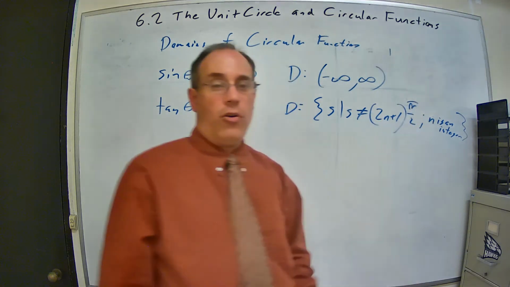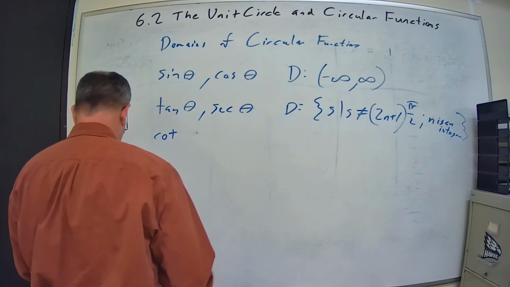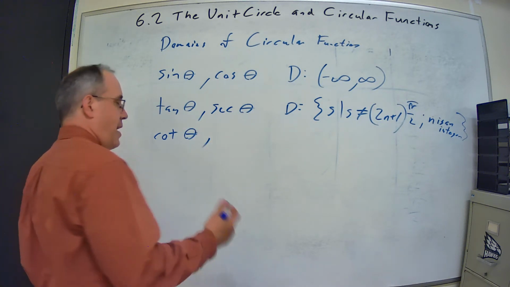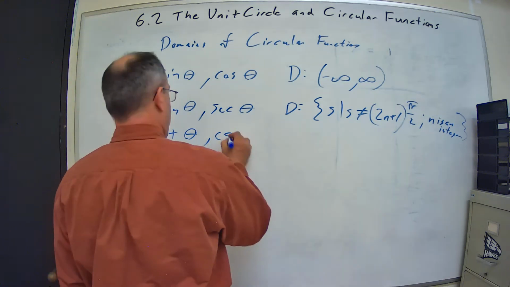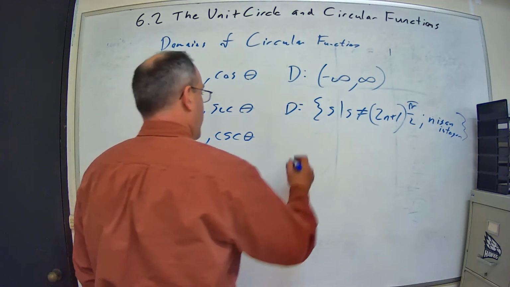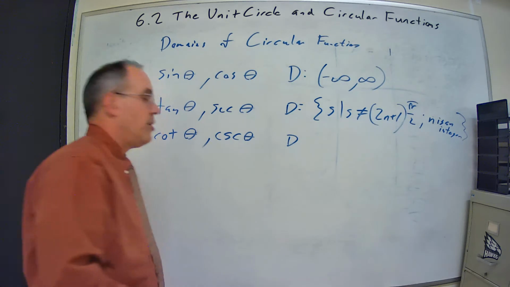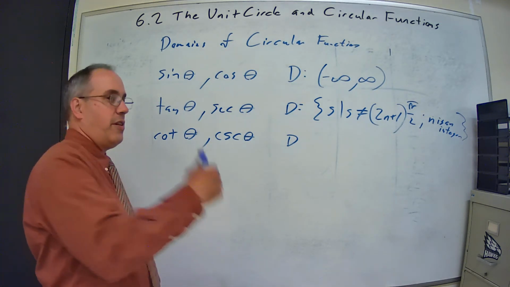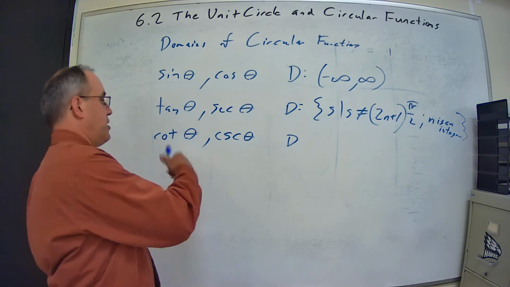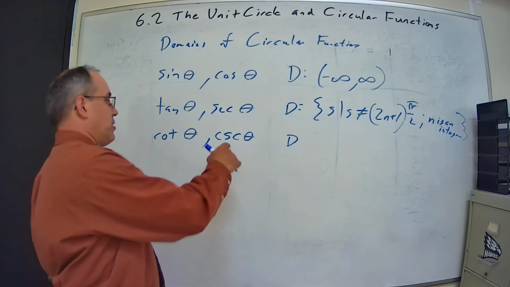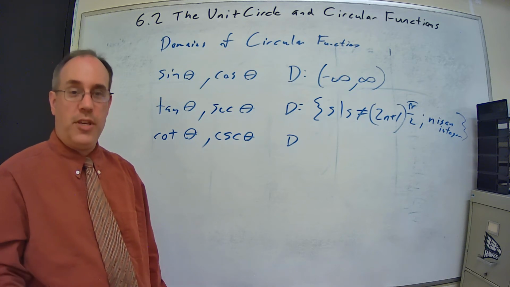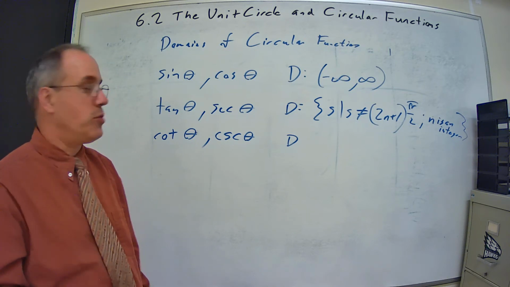Now, if we're dealing with cotangent of theta, and the same works for cosecant of theta, we run into the problem that with those, you have over y. Cotangent is x over y, cosecant is 1 over y. So we can't allow y to be equal to 0. Well, when is y equal to 0?